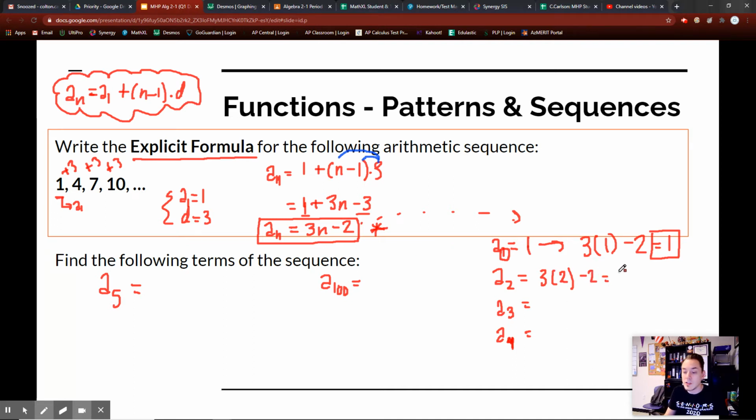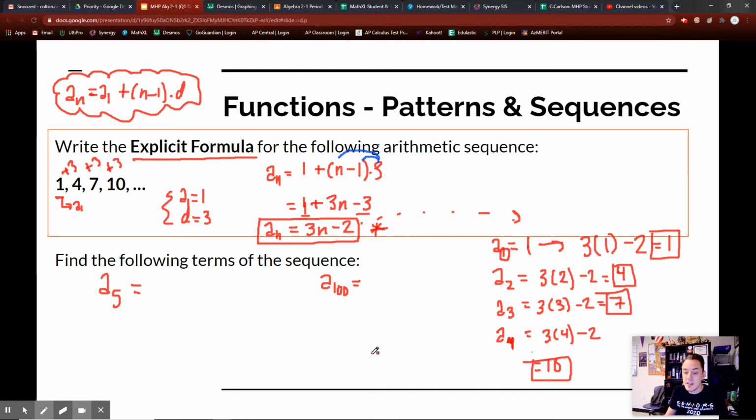That's 6 minus 2, and that is 4. So obviously it's 4. A sub 3, what is a sub 3? If I plug in 3 here, that's 9 minus 2, this is 7. Does it match our sequence off to the side? Yes, it does. A sub 4, it should be 10, so 3 times 4, and then minus 2, so that's 12 minus 2 is 10.